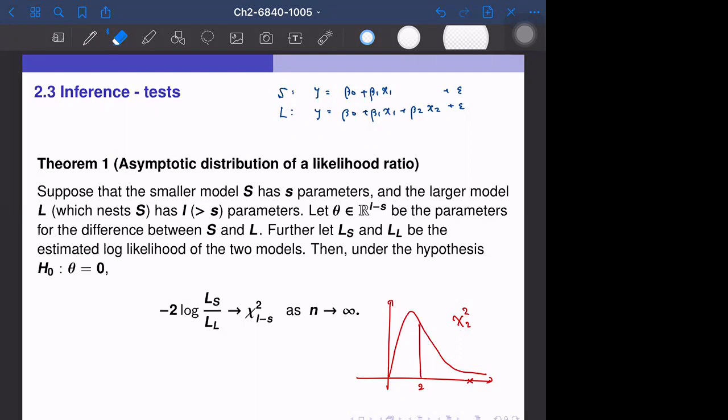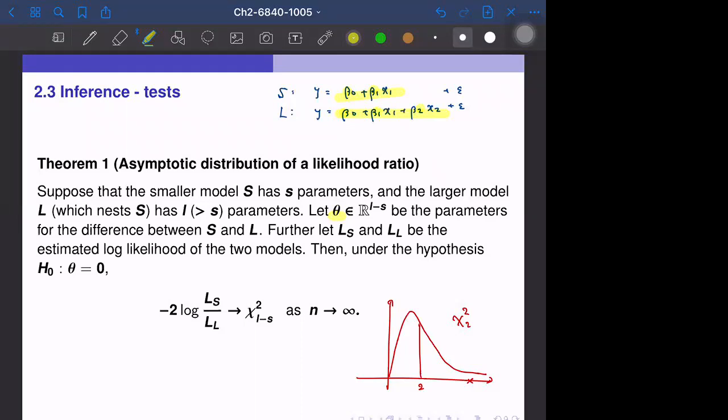Here L nests S, which means L includes all possible models in S. For example, S is this model with two parameters, beta naught and beta 1, and L is this model with three parameters, beta naught, beta 1, and beta 2. So L minus S is 1, and here the difference is the parameter theta, which is beta 2. So theta represents the difference between S and L.